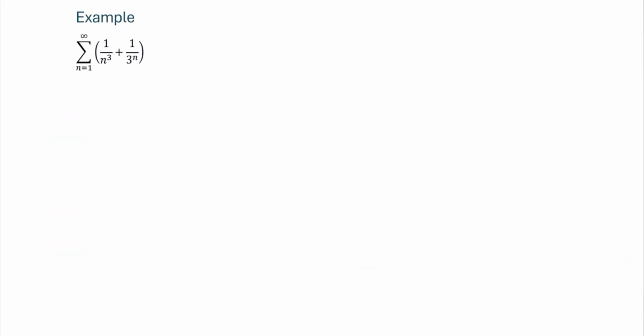This example is a little bit easier if we recognize that we can start by splitting this up into two different sums. We have the sum of 1 over n cubed plus the sum of 1 over 3 to the n. The sum on the left is simply a p-series.